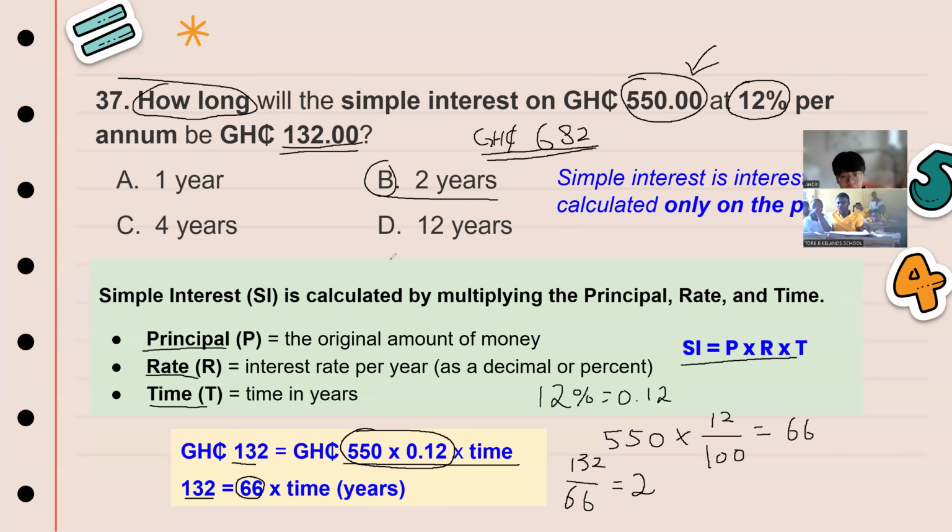And simple interest is a concept of adding money to the bank, for example. If you add money to the bank, then they will give you simple interest at a certain rate. So this bank had a rate of 12% per year.